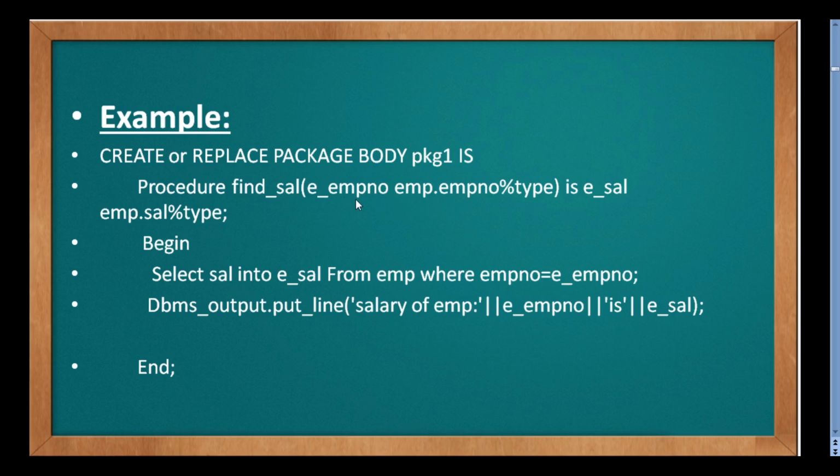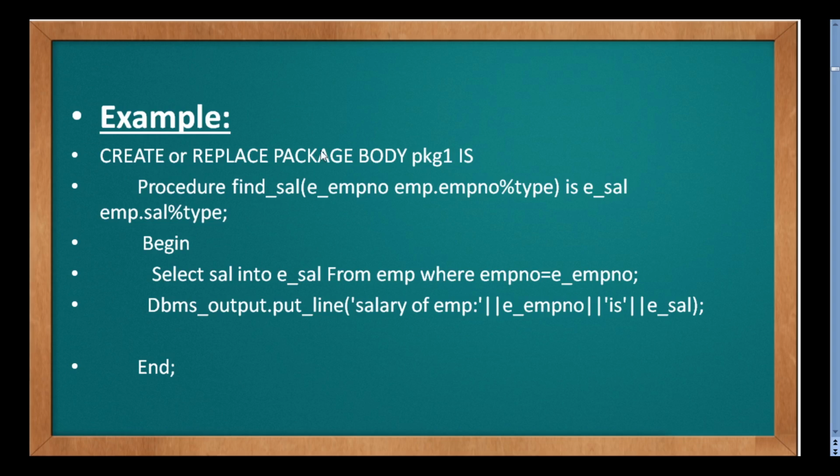I create one argument, a_employee_number, as employee_number%type. And I want another local variable, e_sal, that represents the salary column in the employee table. Begin, select sal into e_sal from emp where employee_number equals e_employee_number.